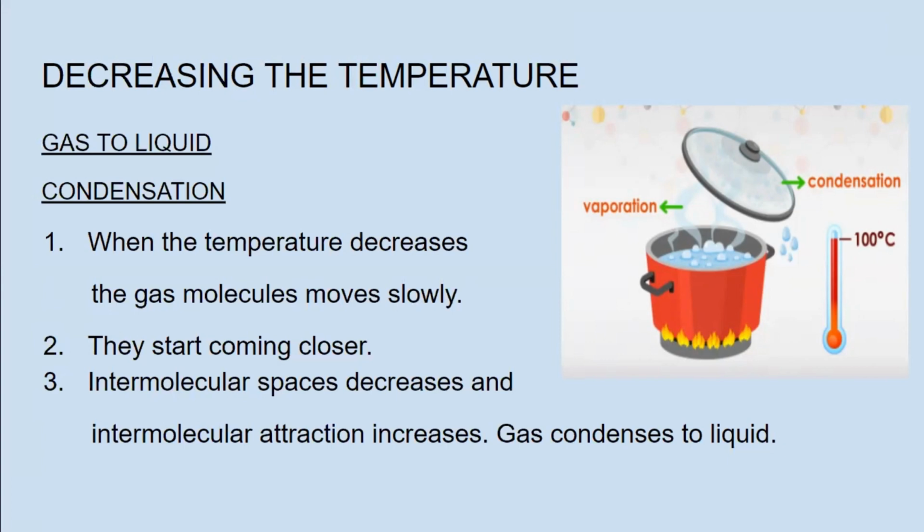Because when you decrease the temperature, the kinetic energy of the particles decreases. They start moving slowly and come closer, and intermolecular attraction is established between them. The intermolecular gaps reduce, and as a result, we say condensation is taking place and steam changes to liquid.